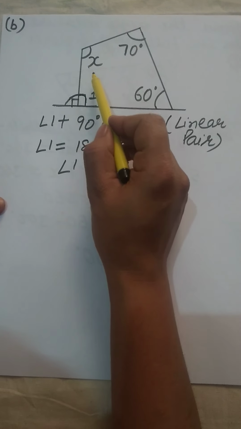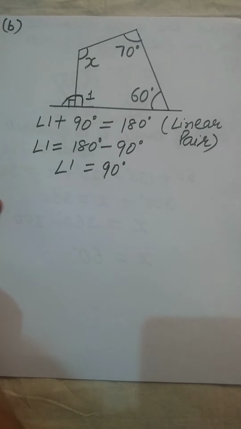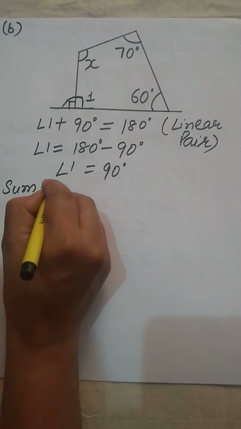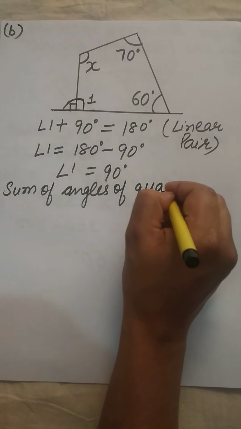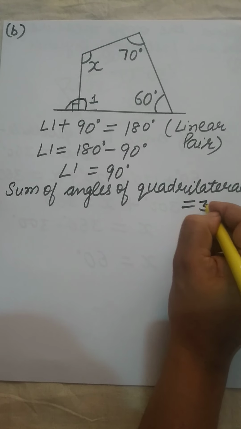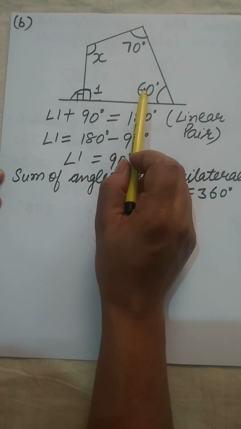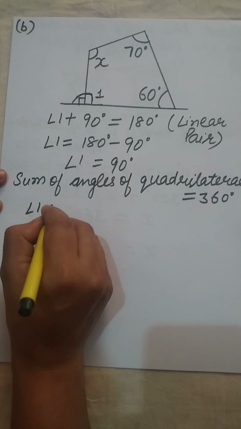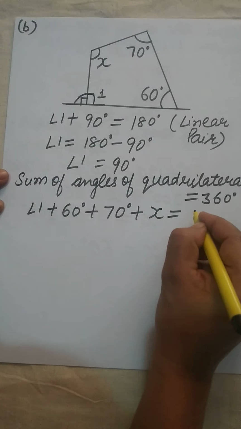Now as this is a quadrilateral, so the sum of these four angles must be equal to 360 degree. Write down sum of angles of quadrilateral is equal to 360 degree. So we can say that angle 1 plus 60 degree plus 70 degree plus x is equal to 360 degree.